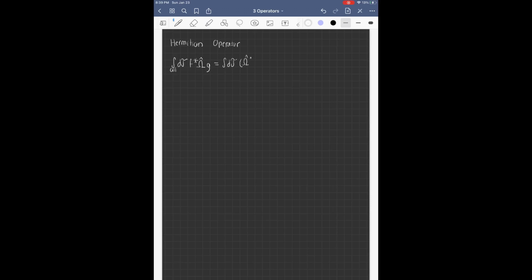So basically, it doesn't matter where you apply the operator. You can apply it to f, you can apply it to g, you'll still get the same answer.